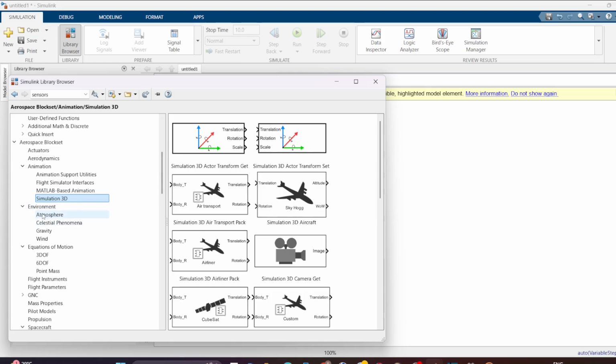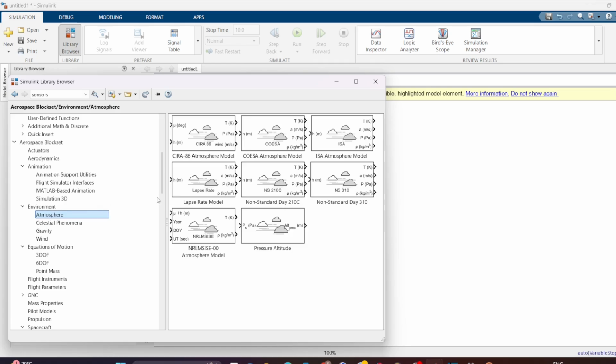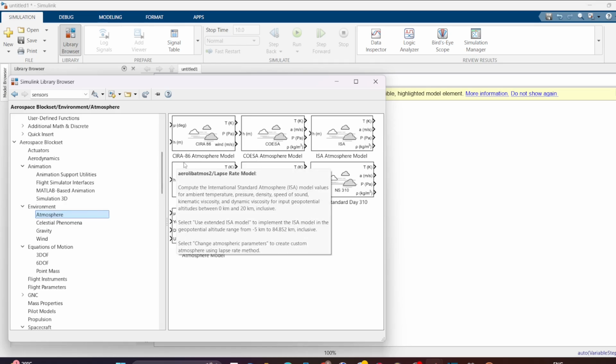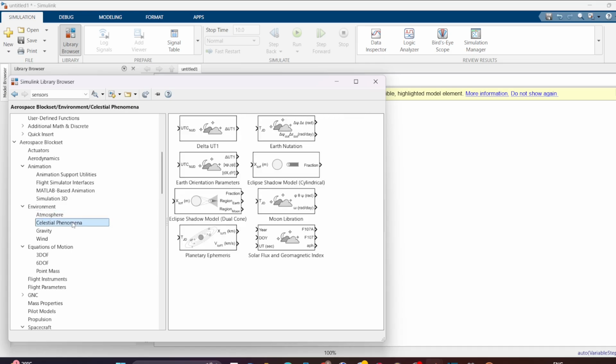Then we have our next block, environment. In environment, we have atmosphere, celestial phenomena, gravity and wind. In atmosphere, we have different blocks like COESA atmosphere model, ISA atmosphere model, and the others. You can see them one by one. Then we have celestial phenomena.